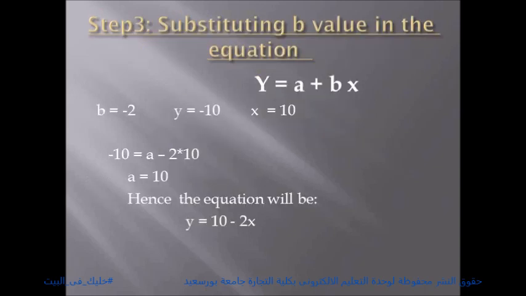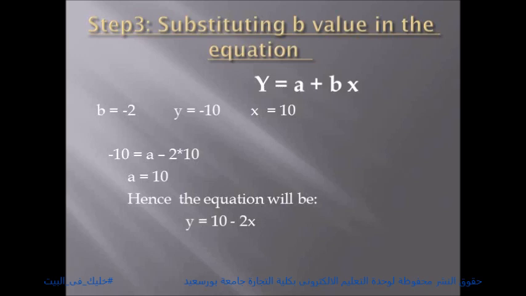Step number 3, substituting the value of b and choosing any of the two coordinates given in the example, in the linear equation to find our equation that goes through the two points.